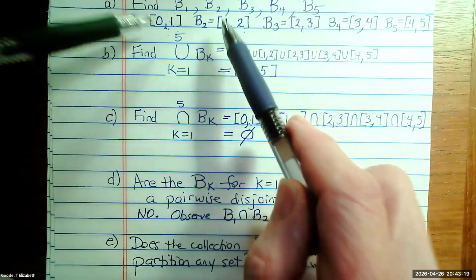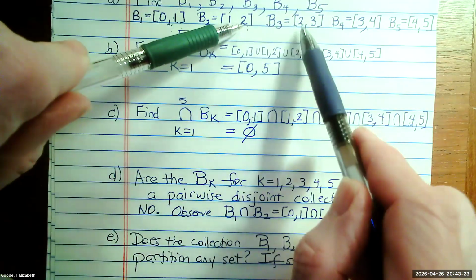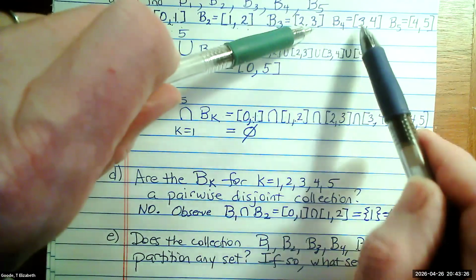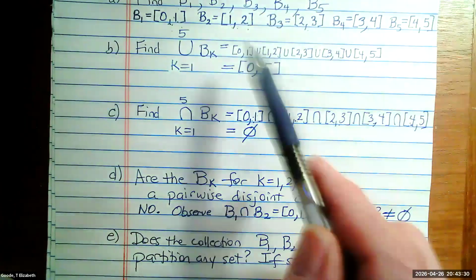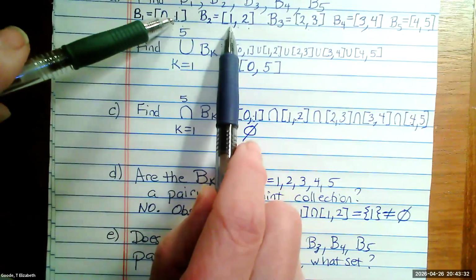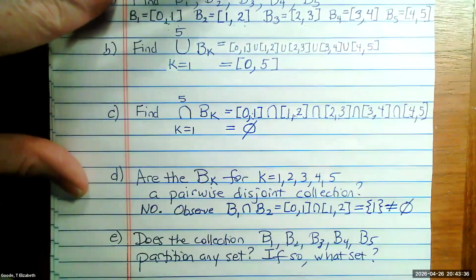But you see, B1 and B2 have 1 in common. B2 and B3 have 2 in common. B3 and B4 have 3 in common, and B4 and B5 have 4 in common. But it would be enough if only two of these had something in common, because that's enough to break pairwise disjointness. Does that make sense?